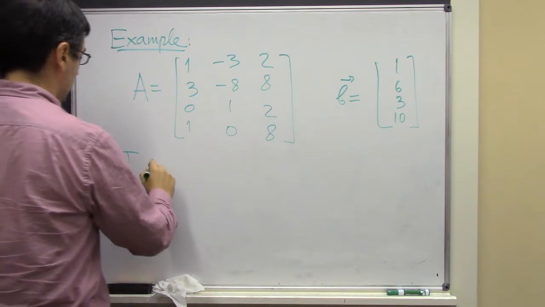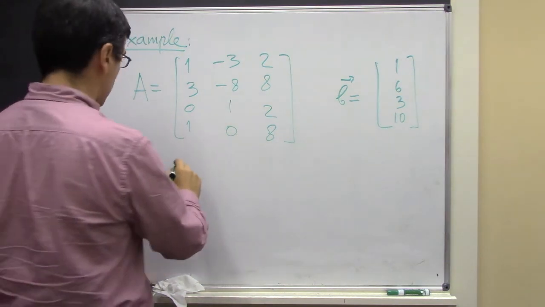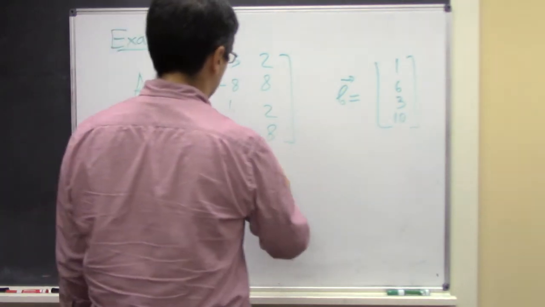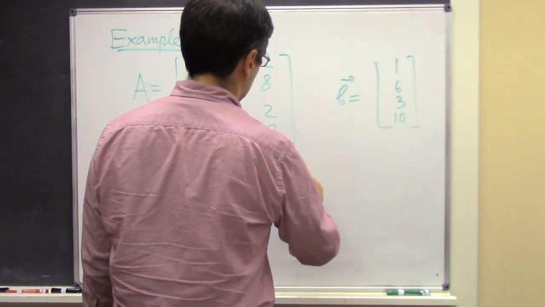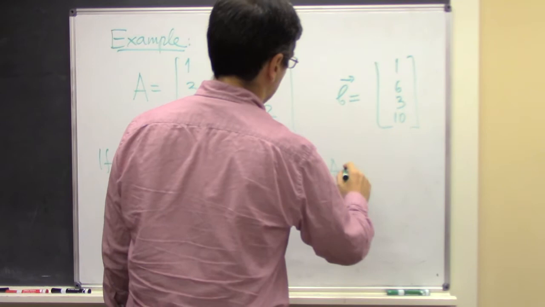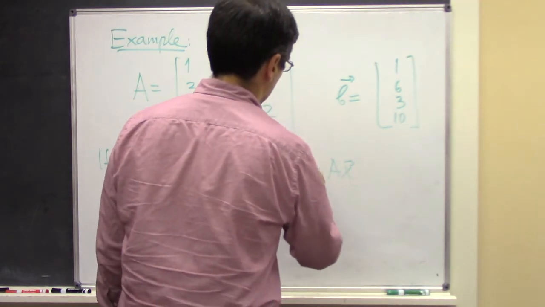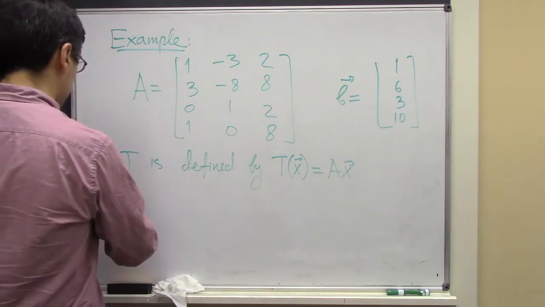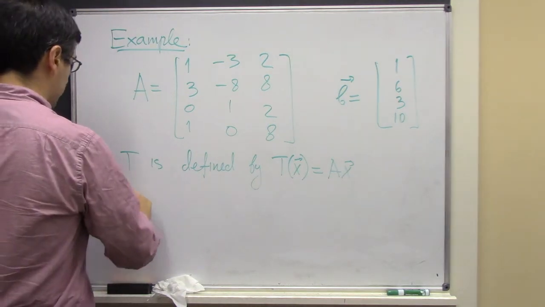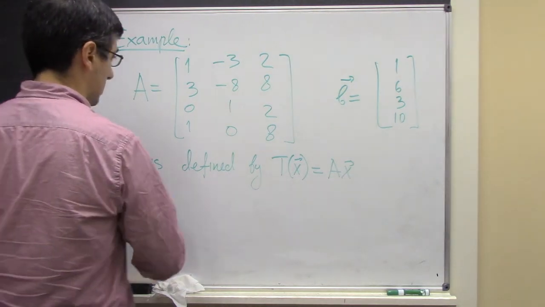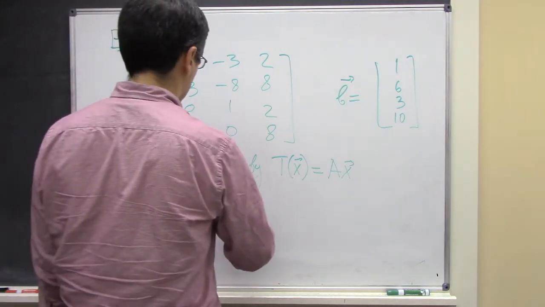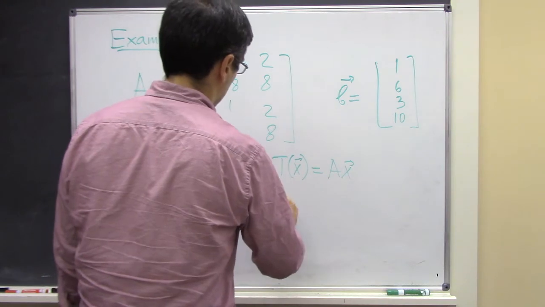Then the question is: if T is defined by Tx equals Ax, and these are vectors, find some x whose image is b.